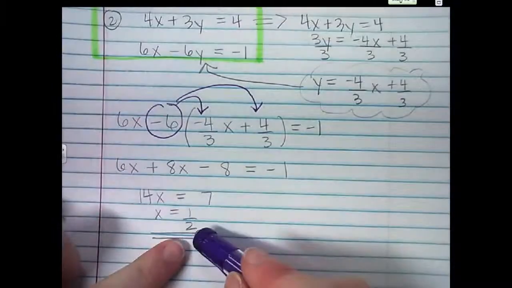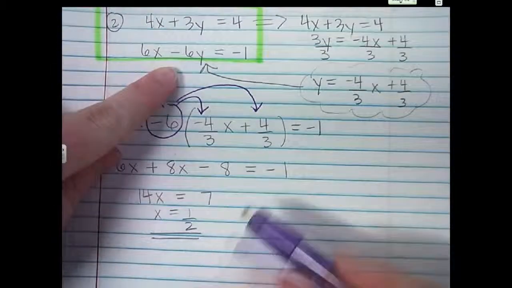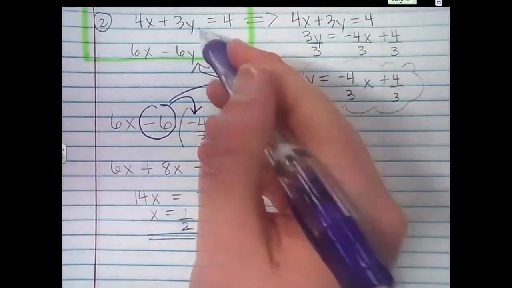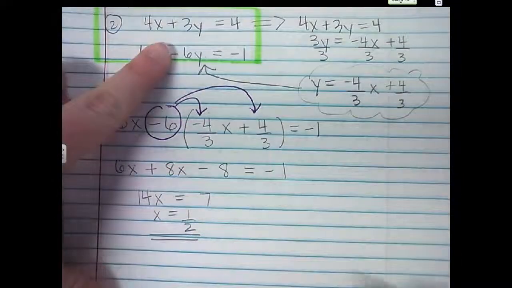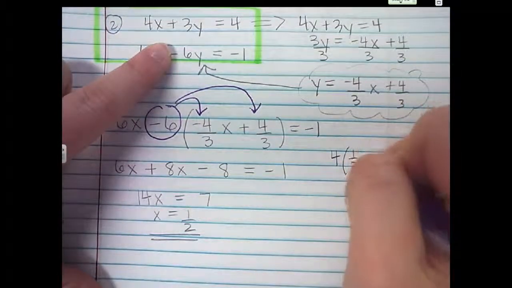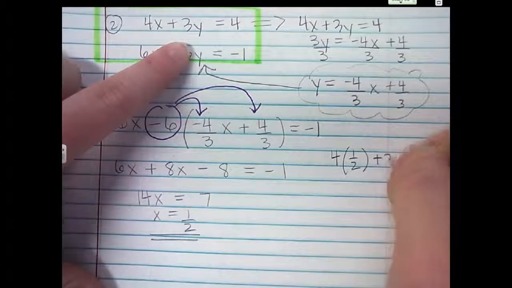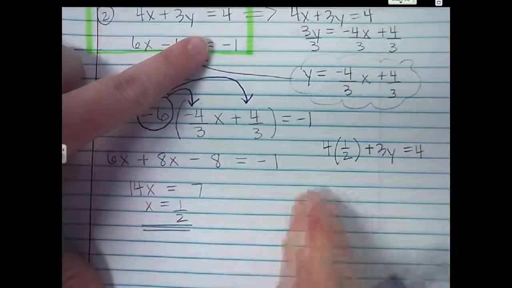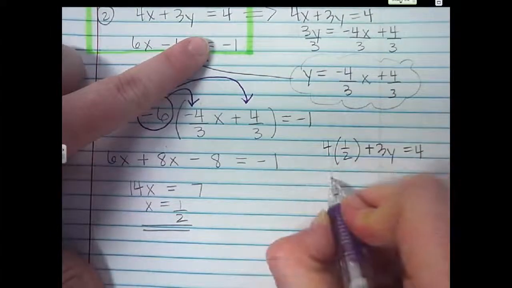Okay, you can take this 1/2, you can go back to one of the originals. I sometimes go here, although technically we always say go back to the original to make sure it's correct. So let's go to the first one. So 4 times, I'm going to put 1/2 in for x, plus 3y equals 4. So this one's not too bad. 4 times 1/2 is what? 2.